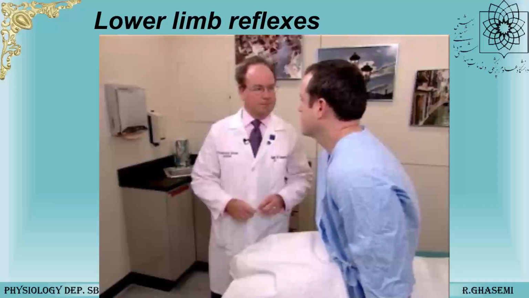Or it may need some, for example, imaging tests, or some other precise tests to evaluate the abnormality. But at the normal level, when we are talking about normal physiological function, we believe that this is enough and is enabling us to have a judgment about the normal function of the nervous system.